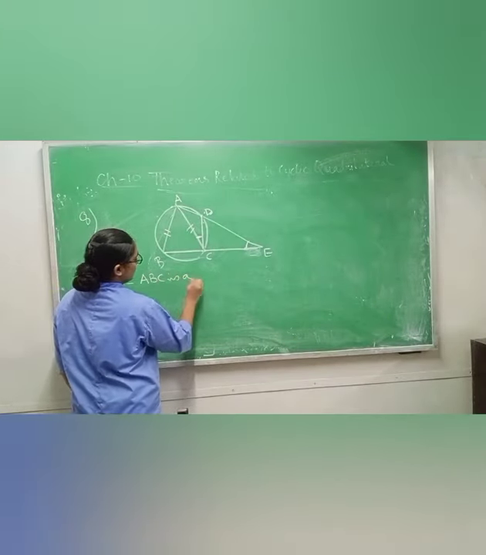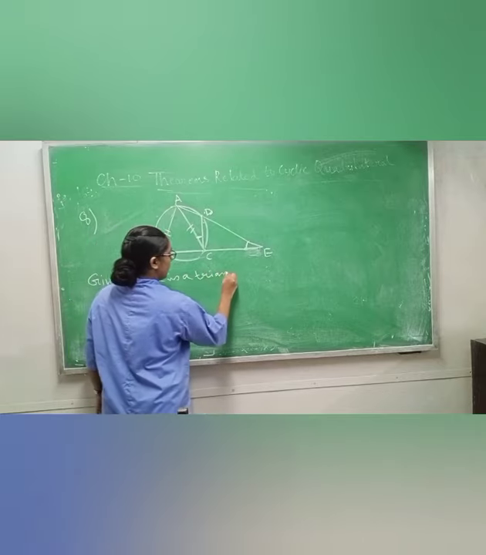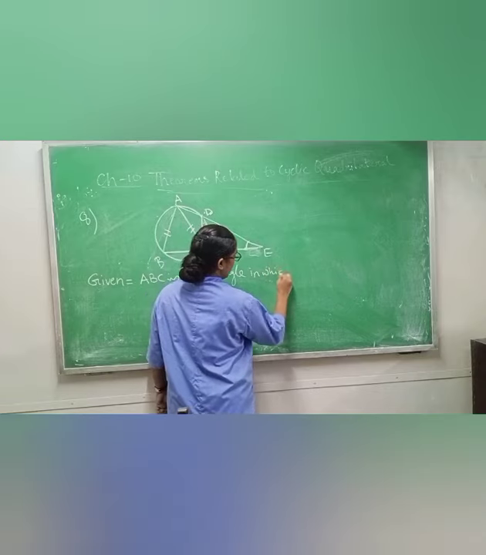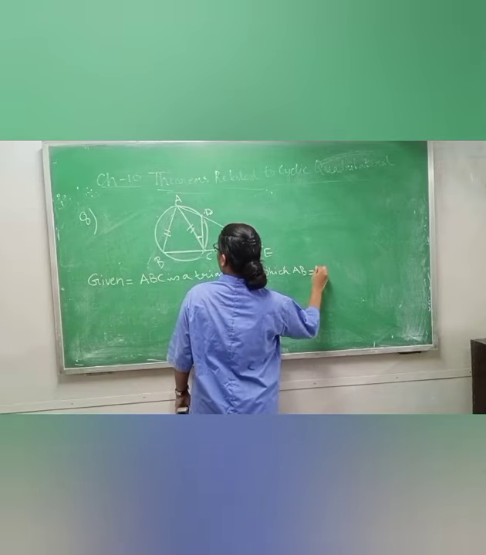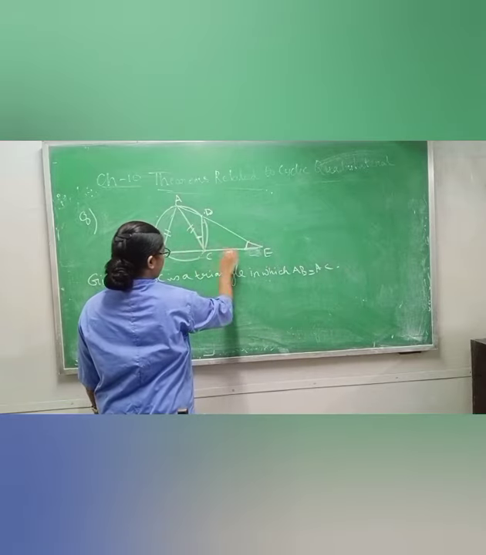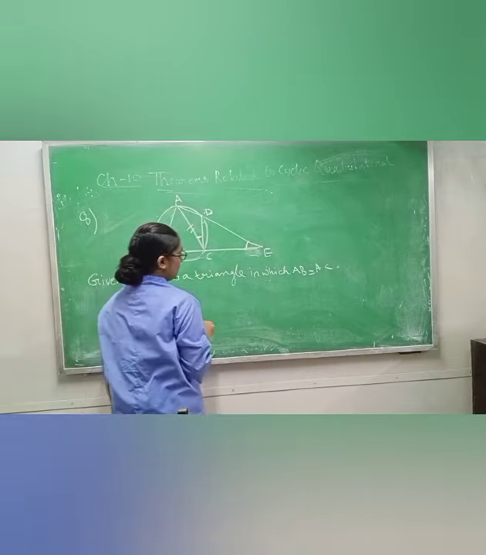ABC is a triangle in which AB is equal to AC. BC is extended up to the point.